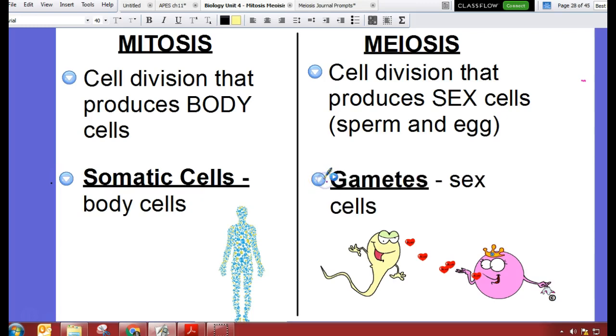And then the fancy word for reproductive cells or sex cells is gametes. So it produces body cells or somatic cells, and then produces gametes or reproductive cells.